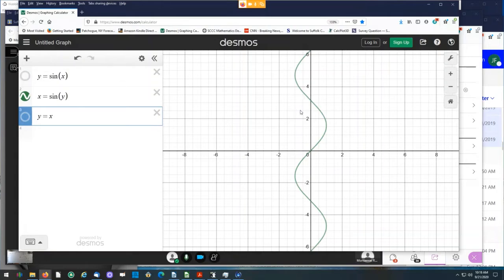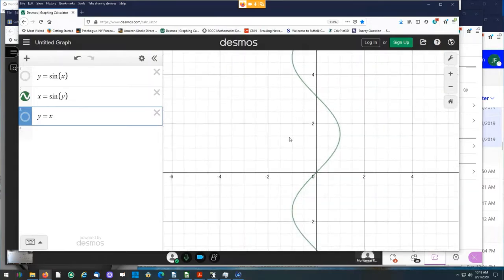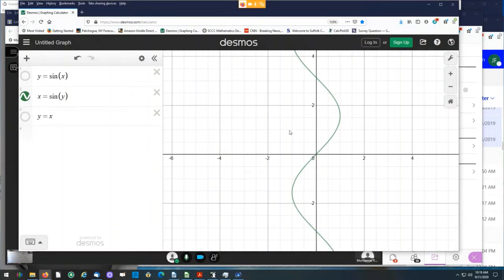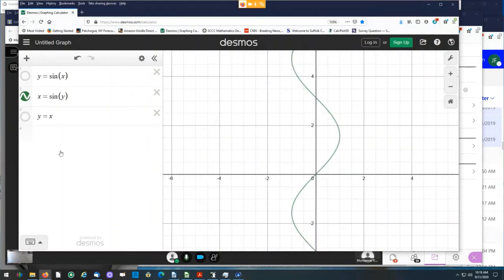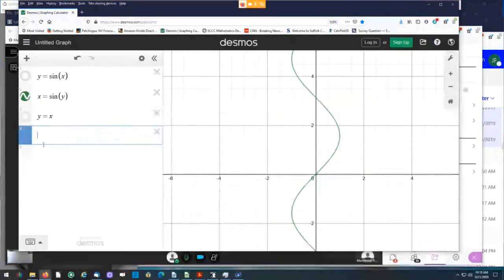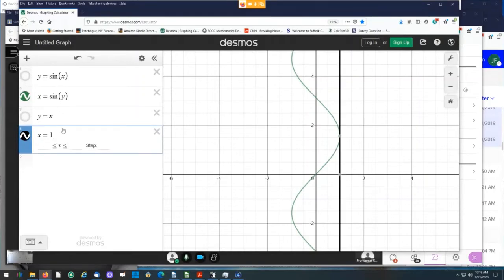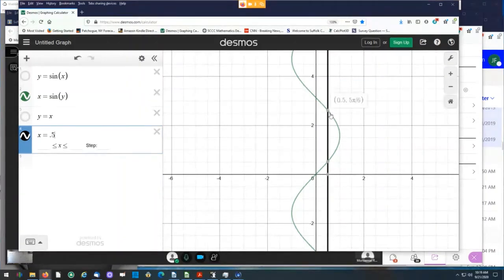Now the problem with this, if I zoom in over here a little bit, is it's not a function, is it? If I draw a vertical line, such as x equal to 1, or x equal to 1/2, say 0.5, you can see I hit at more than one location.